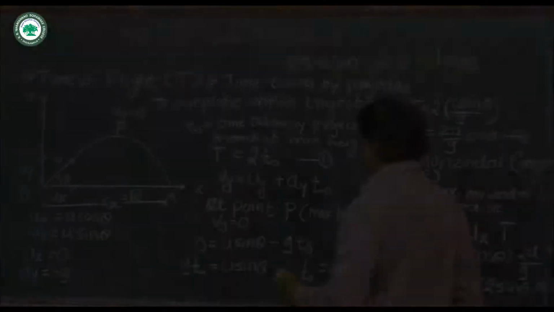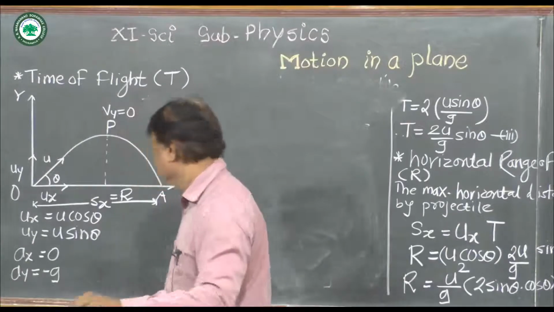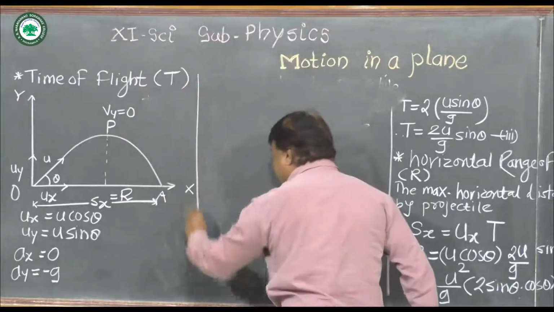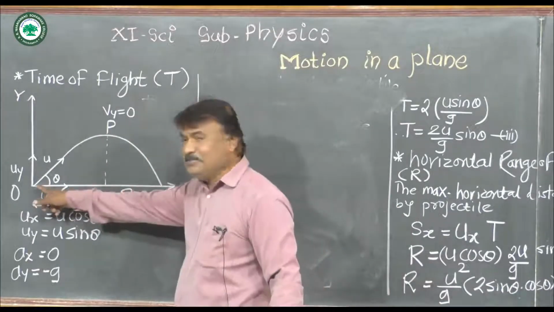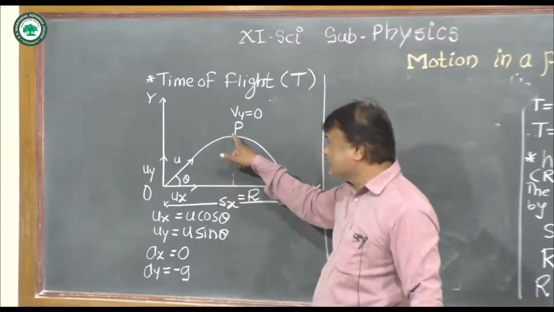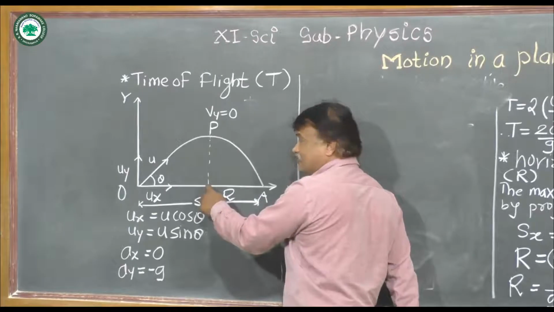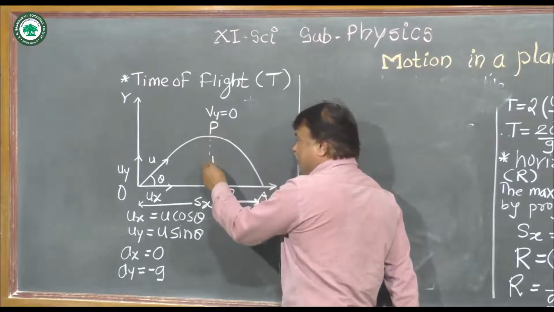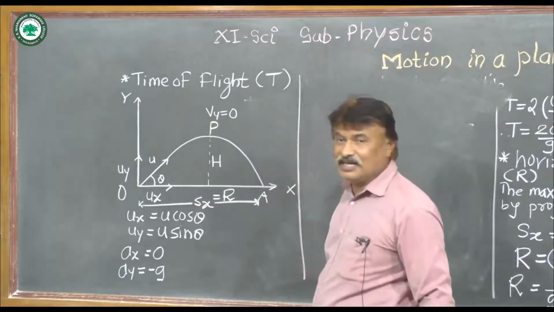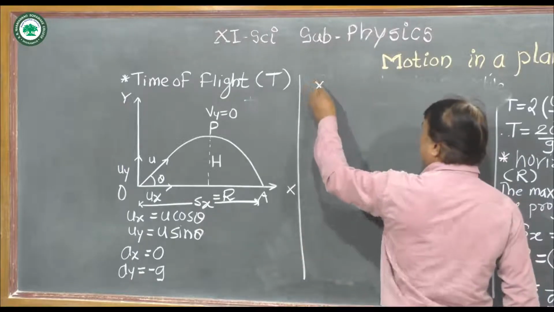maximum height. Now for maximum height, again we concentrate on the diagram. When this projectile reaches the maximum height, then the distance from the ground surface to this point P is the height, and this height is called the height of projectile.